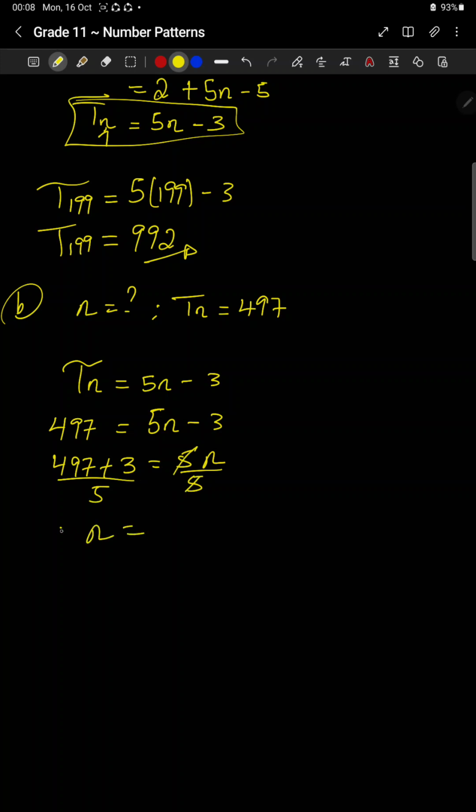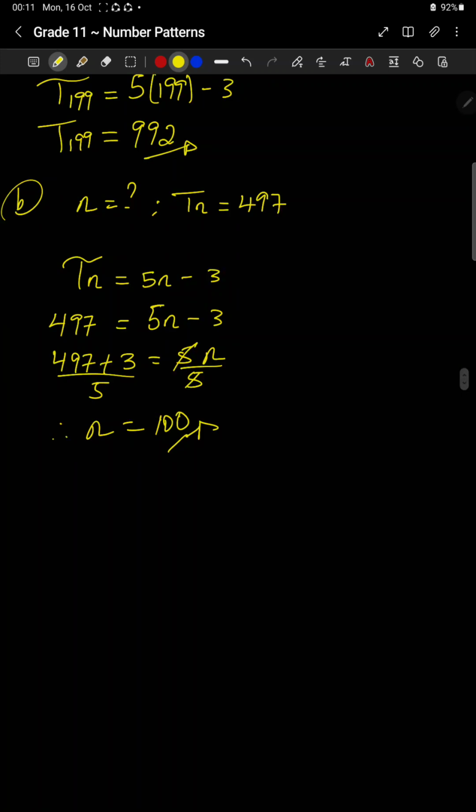Therefore the value of n must be equal to, let's just work out this portion, 500 divided by 5, which is 100. So that is term number 100. This is the answer.